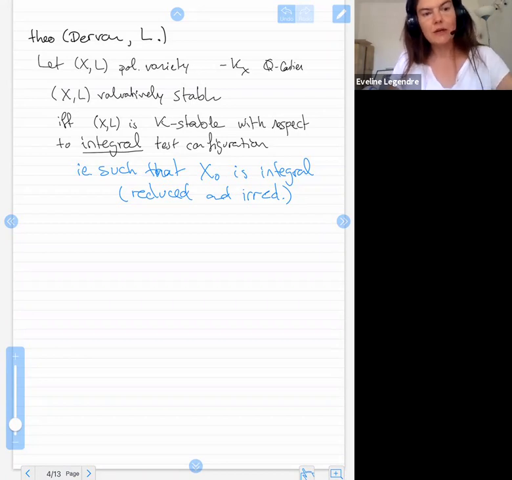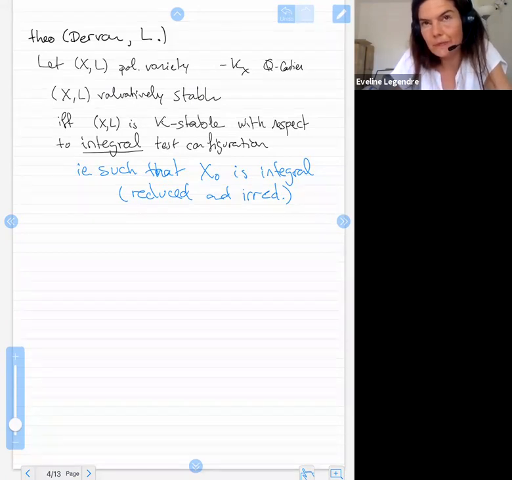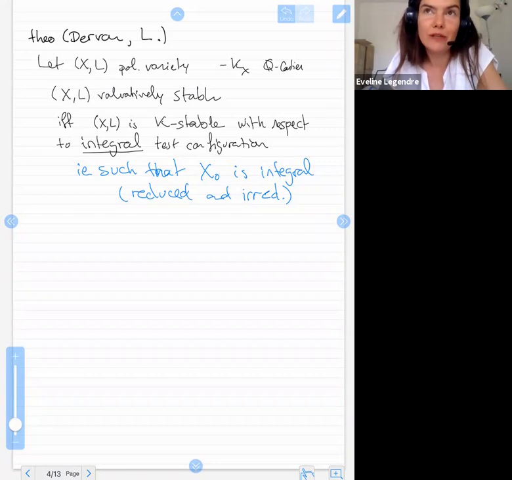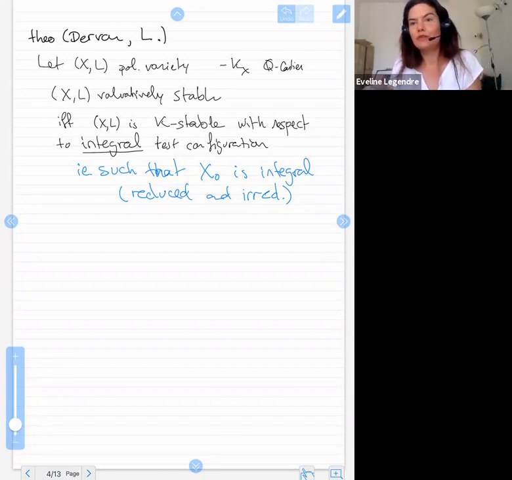And as I said, I don't think that valuative stability is equivalent to K-stability, and the reason why is that we have one example in the toric setting where the toric variety is K-unstable.